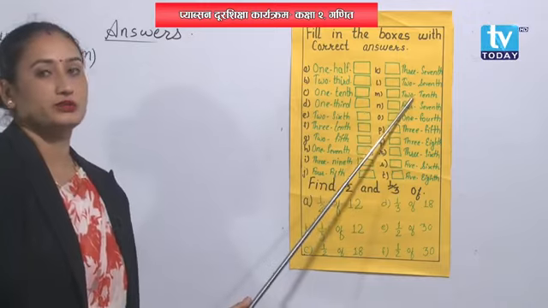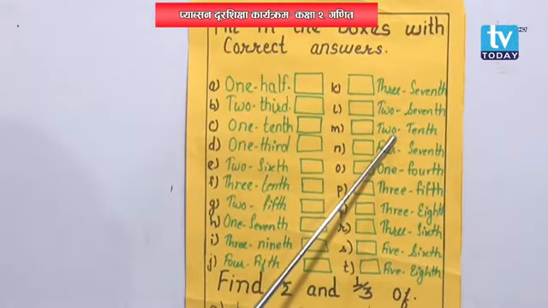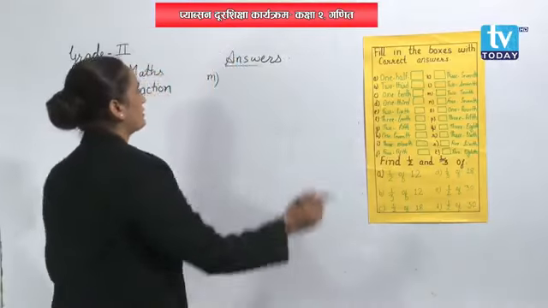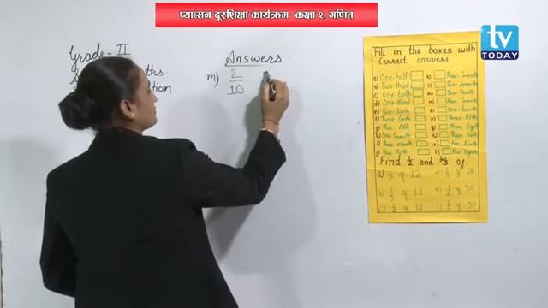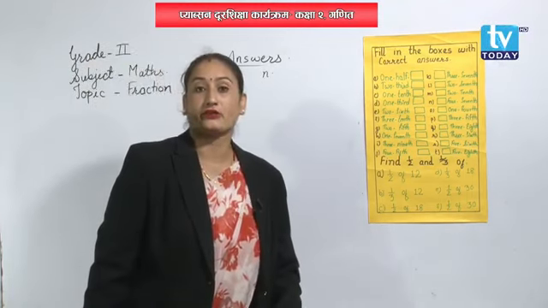Now, 2/10. Out of 10 parts, how many parts are shaded? It's 2 parts. So, 2 out of 10. 4/7, right?